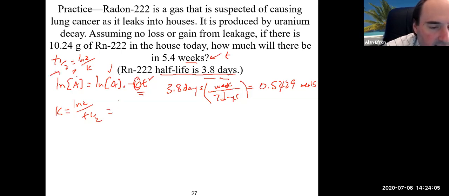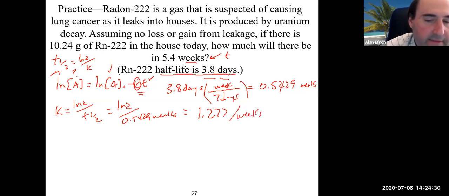That gives me natural log of 2 divided by 0.5429 weeks, which gives me 1.277. The units here are reciprocal weeks, 1 over weeks. So now we've got everything we need to go into our equation.